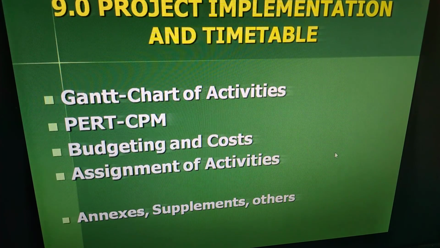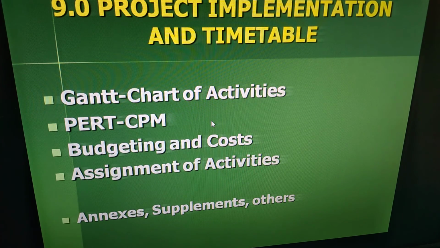The assignment of activities includes the assignment per personnel or among you as investors. Budgeting and cost again requires, I would suggest, that you seek the assistance of a financial analyst or CPA.